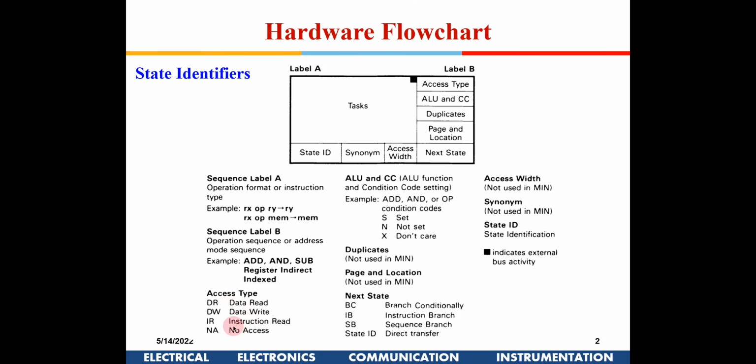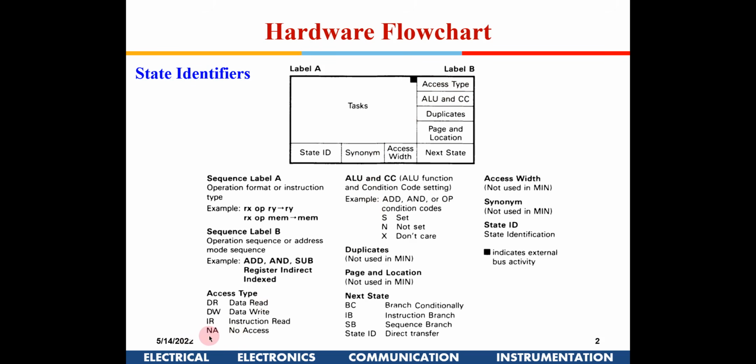Similarly, if we are going to read an instruction from the memory, we don't write an instruction, obviously. Programming is different. Once a program is written, once one instruction is executed, we read the next instruction. So whenever we do such an instruction read operation, we indicate it here as IR.